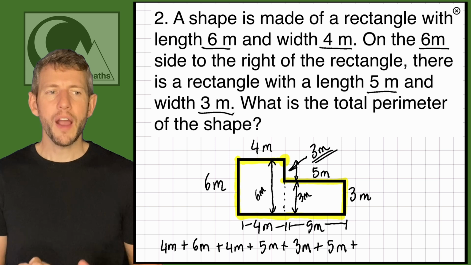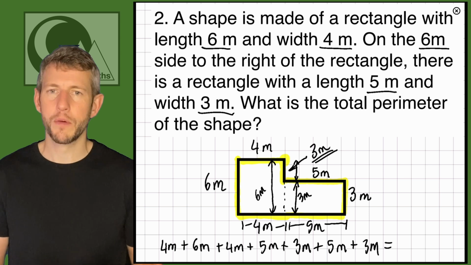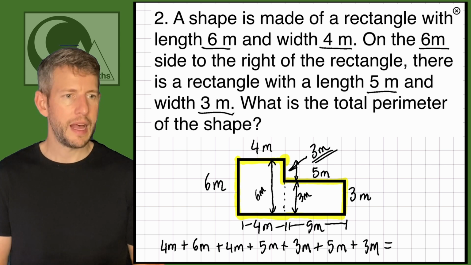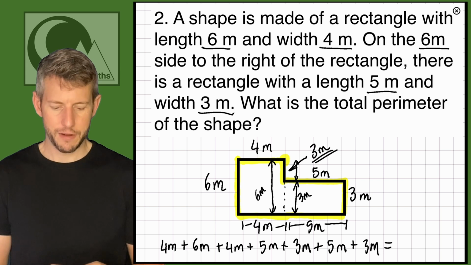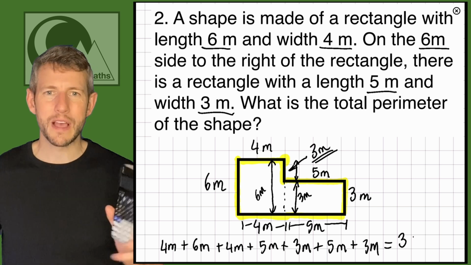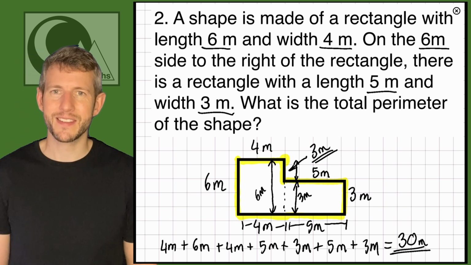Okay, so I know that I've got to then add another 3 metres to the perimeter. And now we can just add all of these numbers together. So I've got 4, add 6, add 4, add 5, add 3, add 5, add 3, and that equals 30 metres. So I know that the perimeter of this shape will be 30 metres.